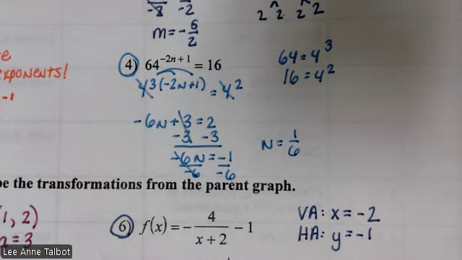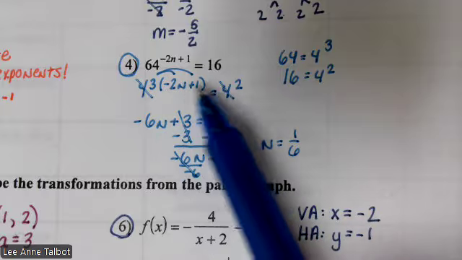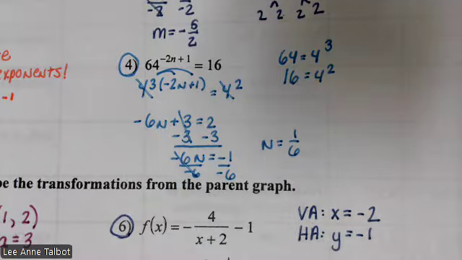Okay. Any questions there? So remember, if you have a binomial in your exponent, put it in parentheses so you can distribute. That is the key right there in that one.